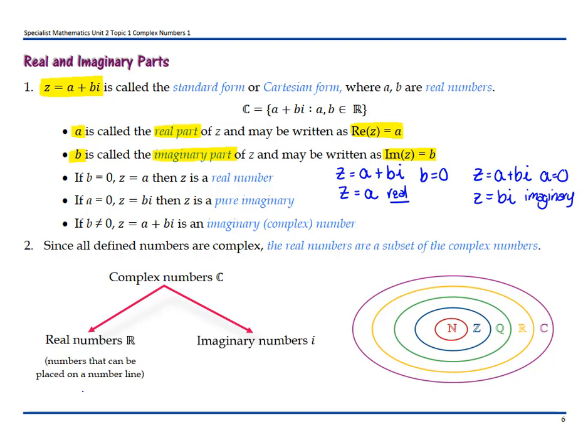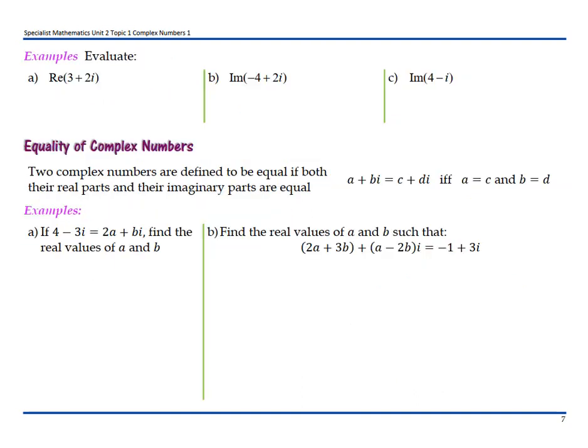They're numbers that can be placed on a number line, and our imaginary numbers, which deal with I. If you think about it in terms of a Venn diagram, you have your complex numbers now encompassing all our real numbers.